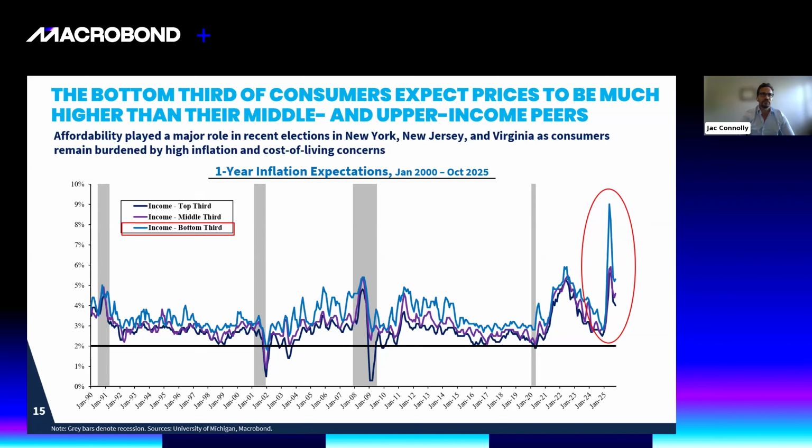The other thing worth mentioning is that this theme of affordability is really taking shape throughout the country, and most recently played a major role in elections in New York, New Jersey, and Virginia, as high inflation is really weighing on sentiment and the future outlook for money in the country.